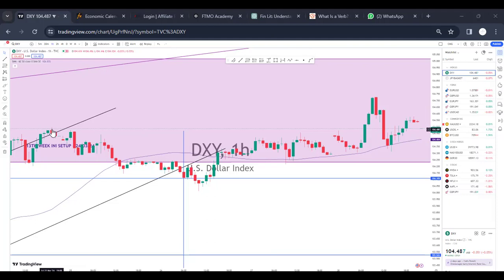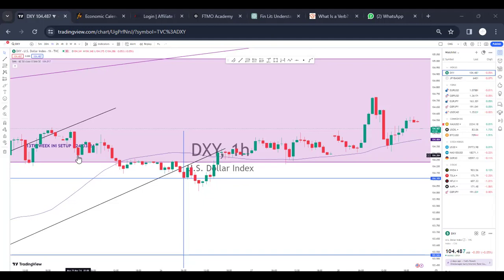When the market opened on Sunday, last week Sunday, this is what happened. After the weekly analysis, I didn't draw these lines, this channel. I think I drew them on Monday or Tuesday. I saw this clear movement, clear gap.